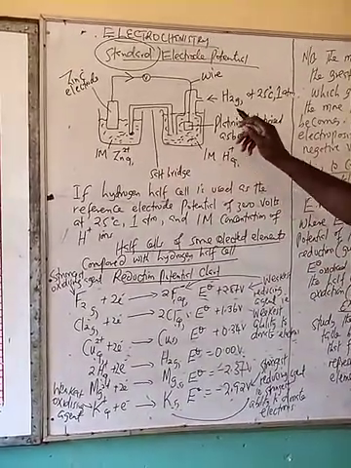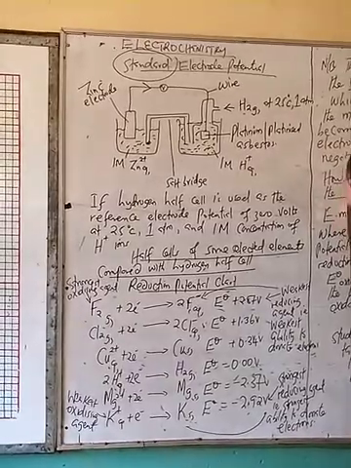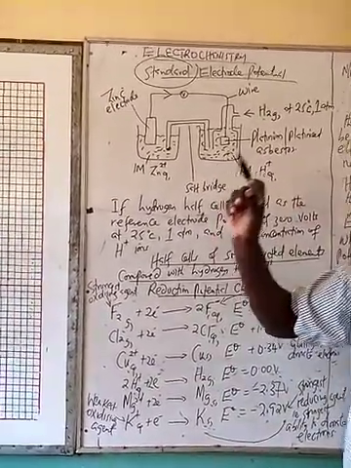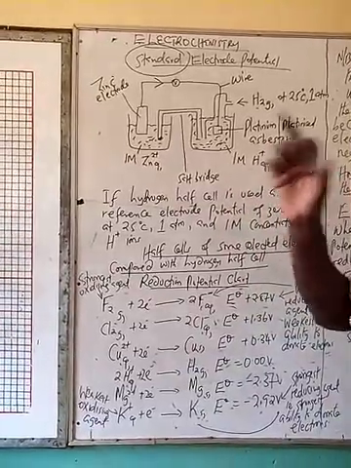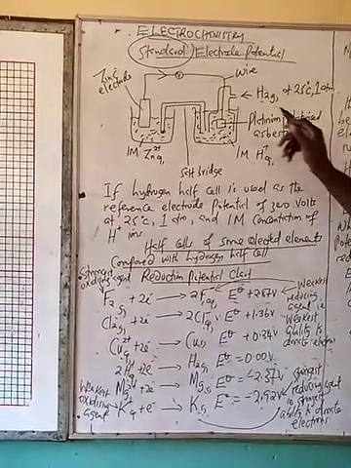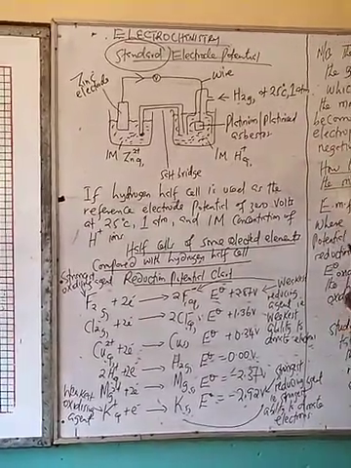So hydrogen is used. When we were discussing electrode potential in the previous lesson, we discussed the electrode potential of other elements compared with copper. Then eventually hydrogen was chosen to be the standard electrode potential.